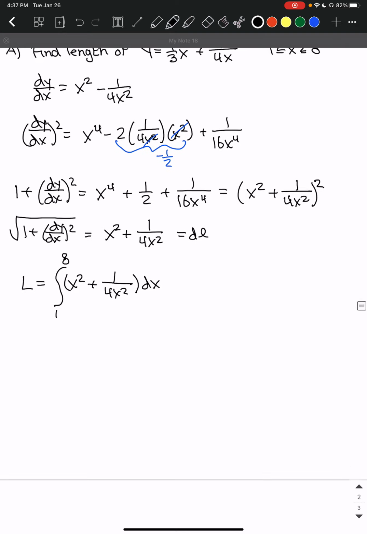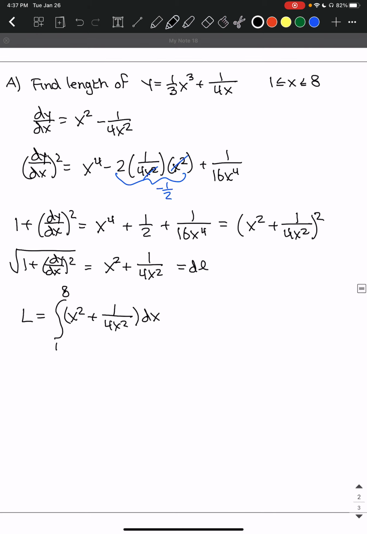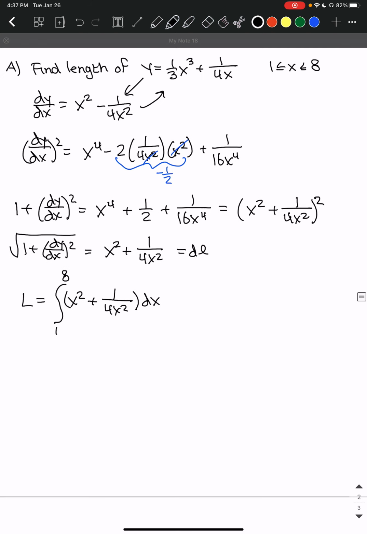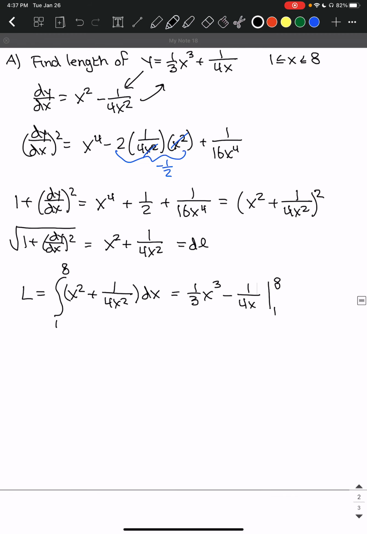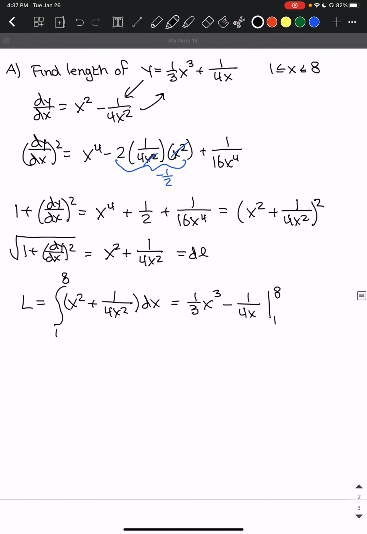And what's even more interesting is that we already did this in reverse, right? We took dy by dx and got that, so we're kind of going the opposite direction. We'll pop out the same thing with an additional minus sign. So we're going to get a third x cubed. This becomes minus 1 over 4x. Okay, that was it. I plug in 8, I plug in 1, which I don't feel like doing, and you will get your answer here.